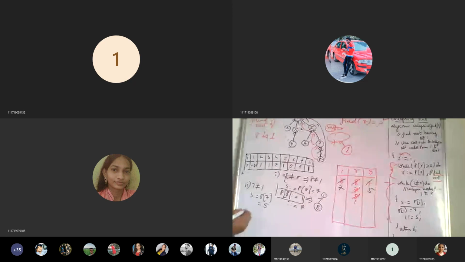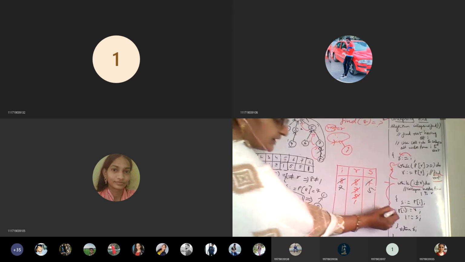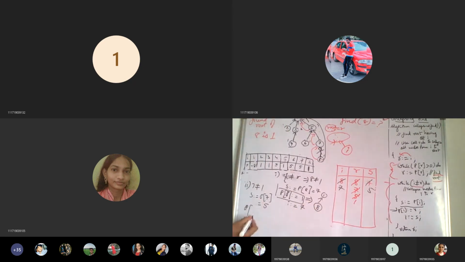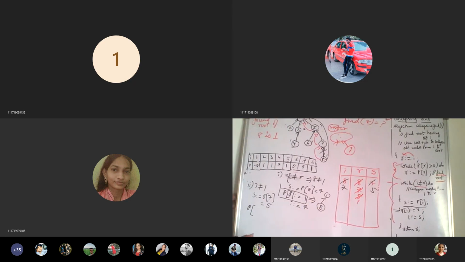Okay, and then P of I is equal to R. The next statement, P of I is equal to R, means P of I is now currently 7. So P of 7 is equal to R. What is the R value? 1.